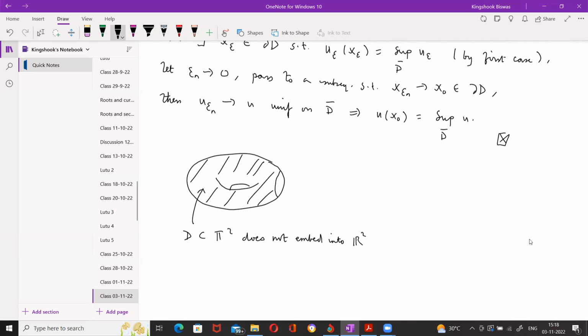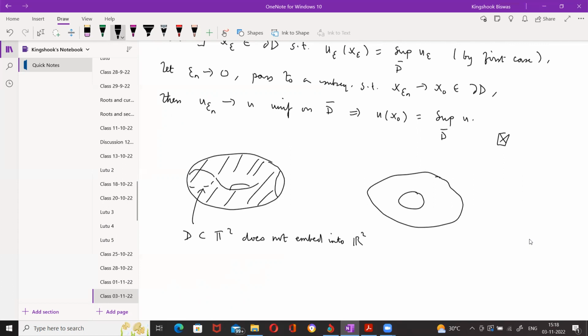The reason is topological. If it was homeomorphic to a domain in R2, then you can take this simple closed curve here. If I cut along this simple closed curve, the complement is still connected, because this is genus 1.